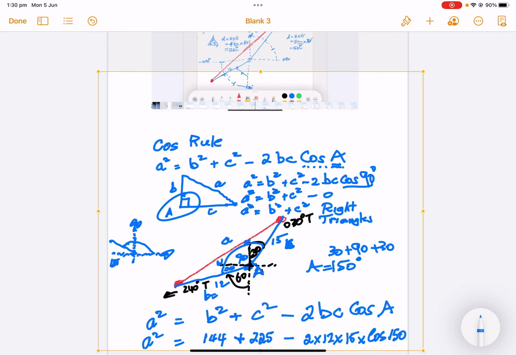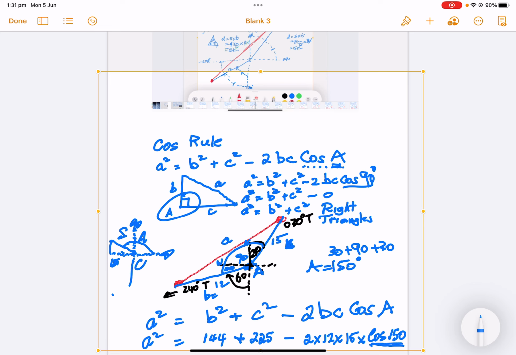So cos of 150 is in the second quadrant, and cos is only positive in the first quadrant. They're all positive in the first quadrant and the fourth quadrant. So cos in the second quadrant is going to be a negative number.